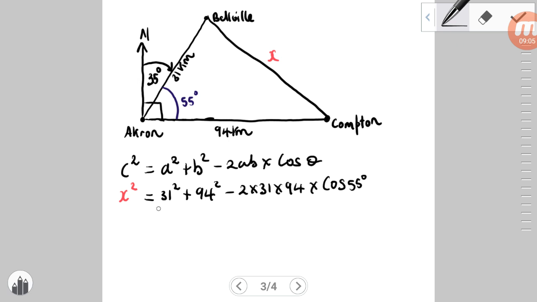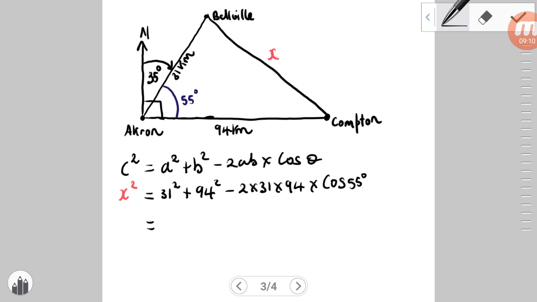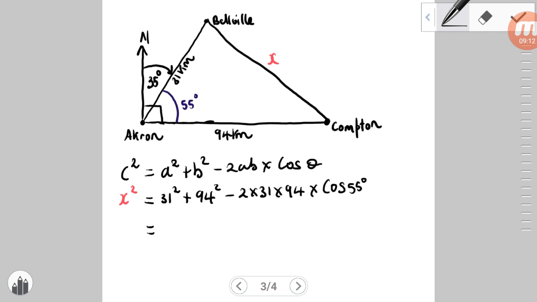All right, so next we're just going to carry this down all the way, and we're just going to hop onto our calculators. Pardon me, guys. And we're going to have here 31 squared, that's equal to 961 plus 94 squared, that's 8,836 minus 2 times 31 times 94.